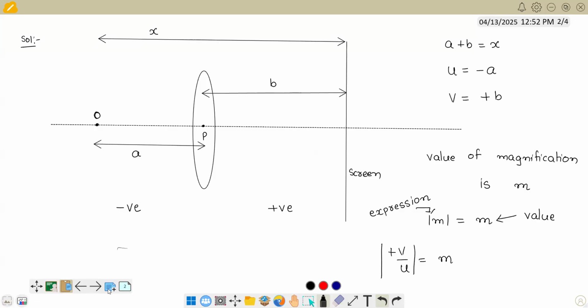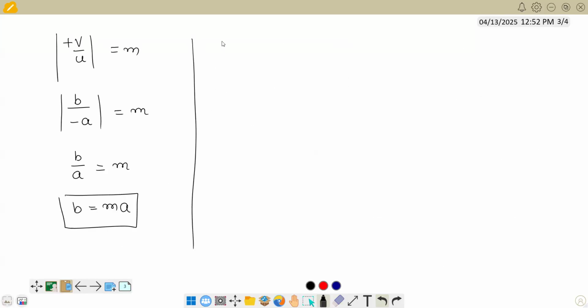We know a plus b equals x from the given graph. So we can write b equals x minus a. So let us substitute that here. So x minus a equals m into a. So I can simply write a equals x by 1 plus m.